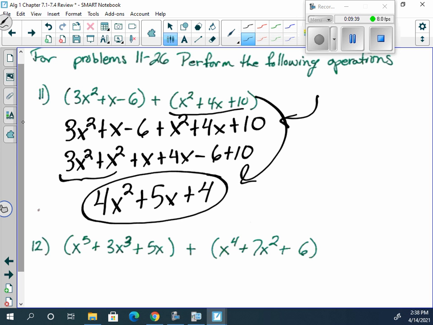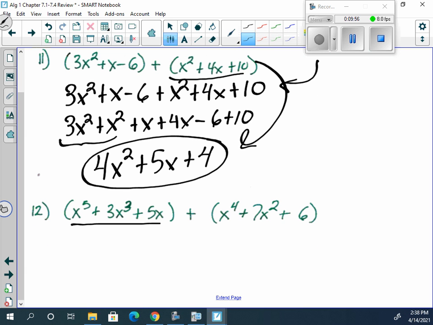When I did number 12, I thought I was funny. After I got the answer, I was like, wait, I feel like this is too much. I checked it. Yeah, it's kind of funny. I threw it in there just to see if y'all would catch it, in that between these two here, there are no like terms.